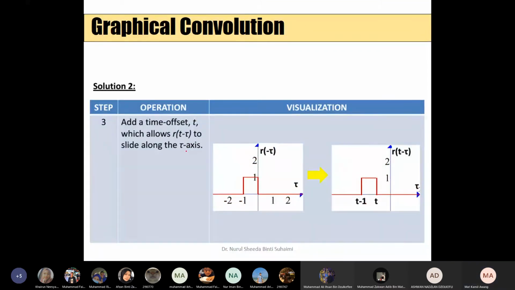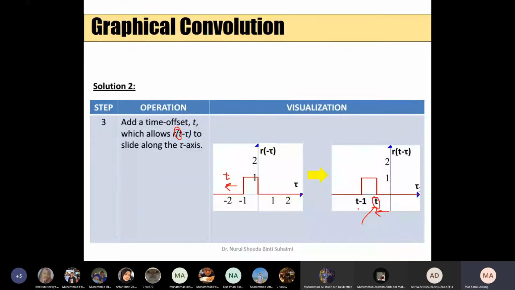Then you add the time offset t. So basically, you offset this by t. This waveform is shifted to the left by t.